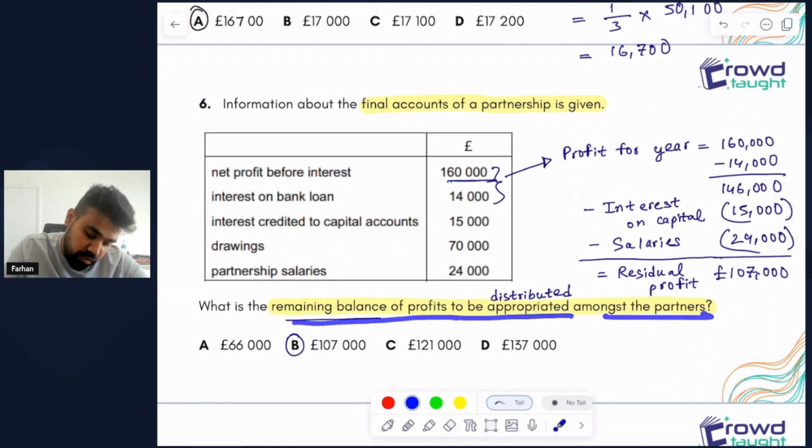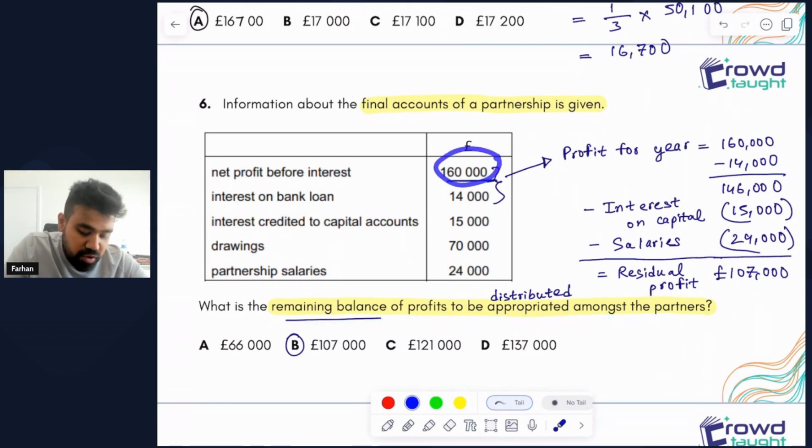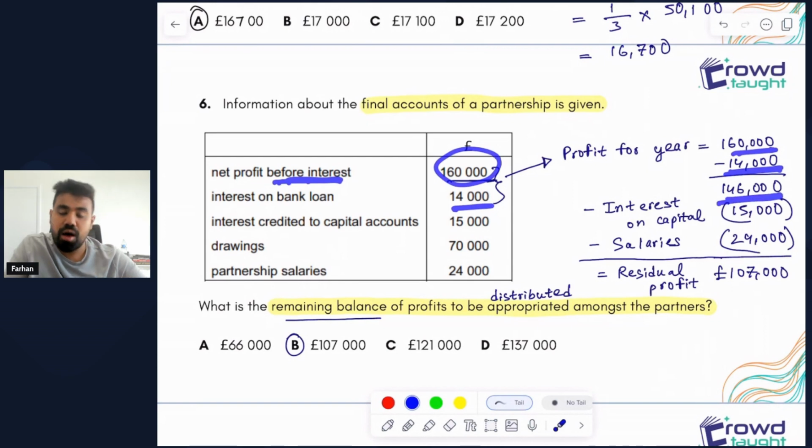Okay, first of all, the profit that we're given here is not the final profit of the partnership because it clearly mentions here that this profit is before the interest has been taken away. So what we have to do first is take the original draft profit of £160,000 and subtract the interest expense of £14,000, which gives us £146,000 as the main profit that we have prior to any appropriations.